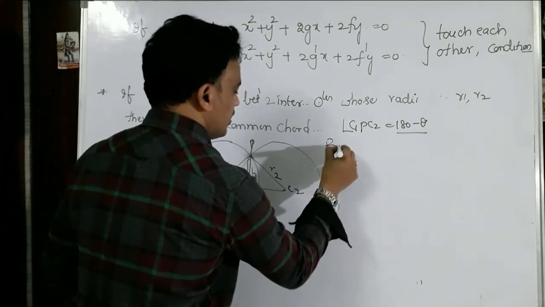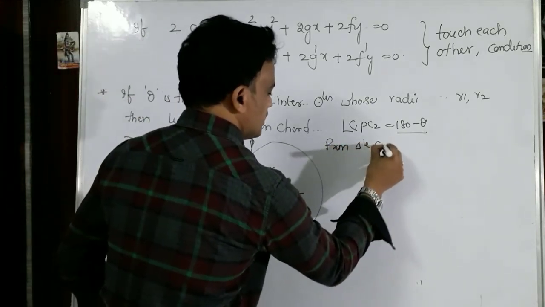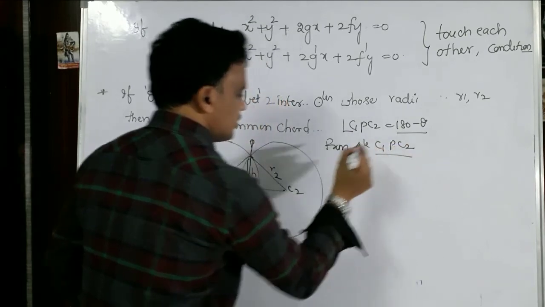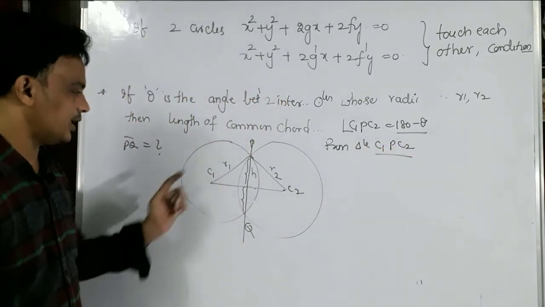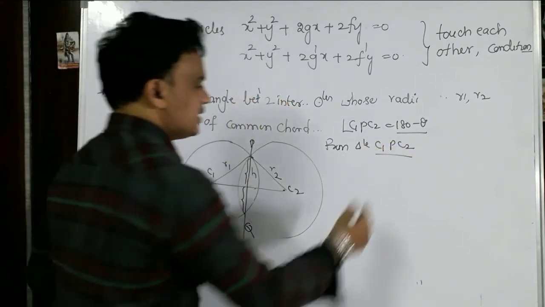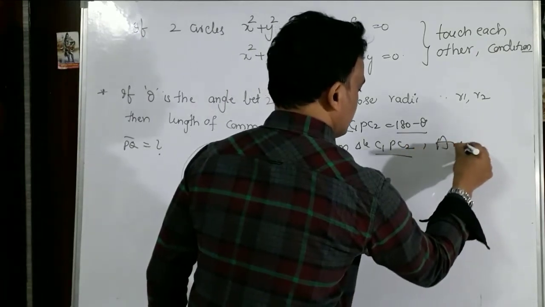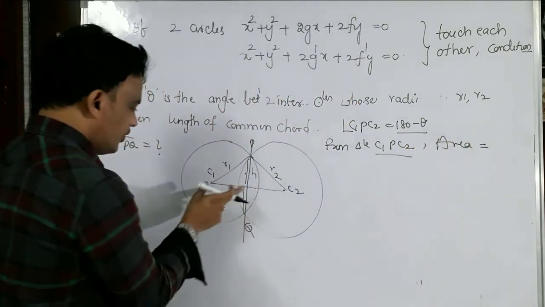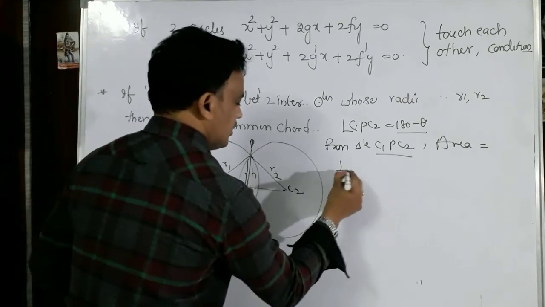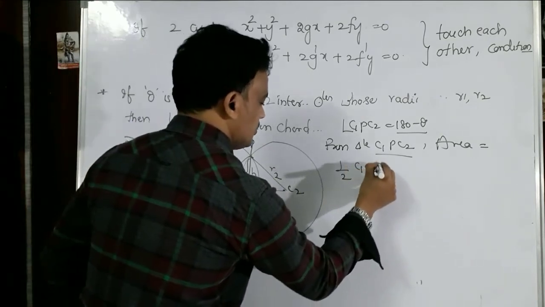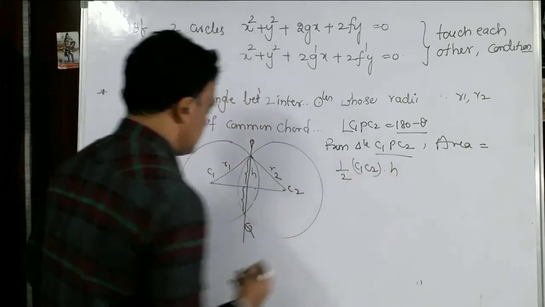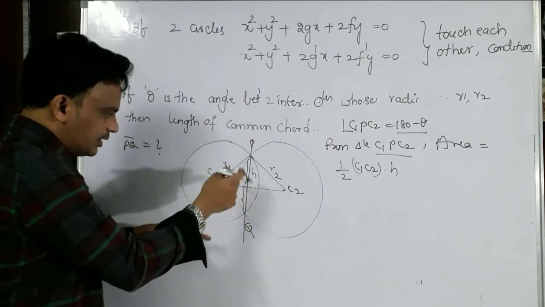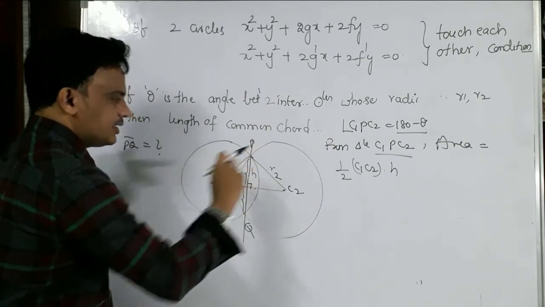Please consider the triangle C1PC2. I can write the area of the triangle in two ways. Area of the triangle is half into base into height, which is half into C1C2 into H, where H is the height.